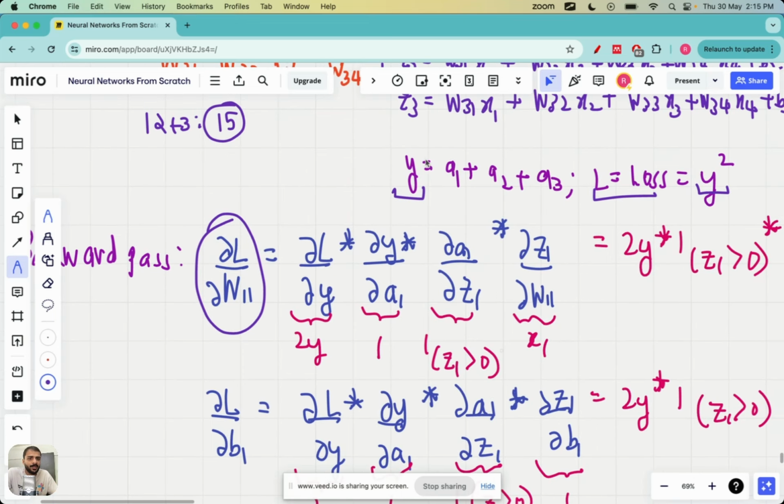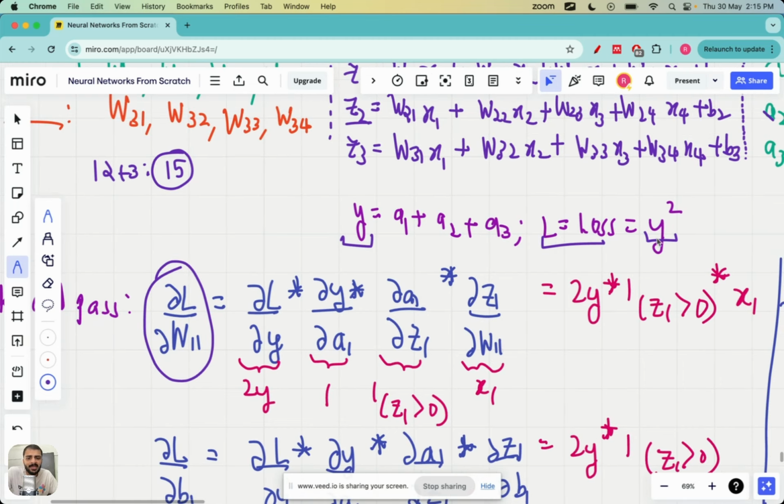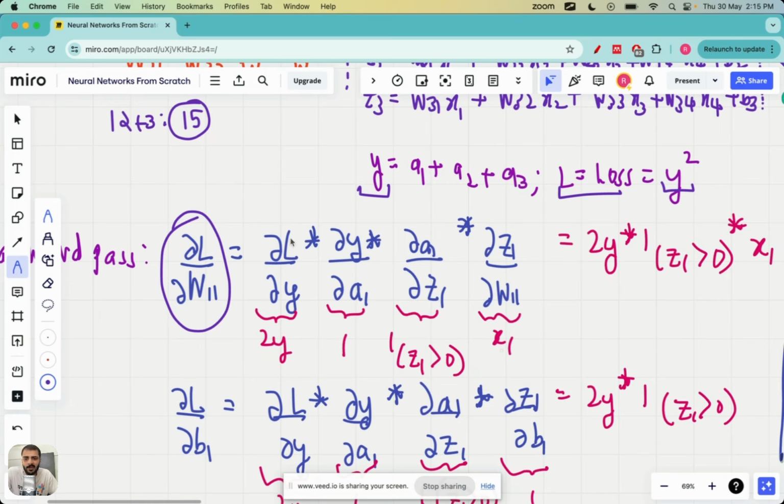And for that, the notation will be very useful, which I mentioned before. So let's look at the partial derivative of L with respect to Y. Remember, loss, which is L, is just Y square. So the partial derivative of L with respect to Y is equal to 2Y. Then y is equal to a1 plus a2 plus a3. So the partial derivative of y with respect to a1 is just equal to 1.